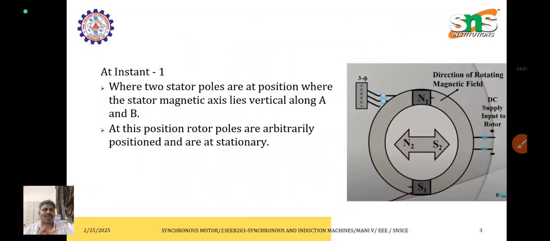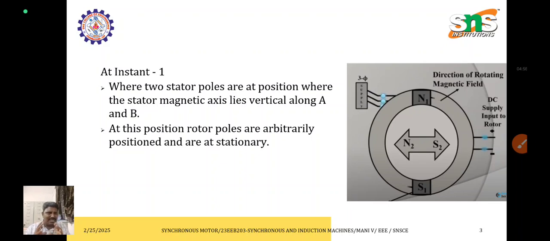At this condition, when the stator poles are at the vertical position, S2 is attracted by N1, and N2 is attracted by S1. When two unlike poles are very near, the magnetic locking will appear.